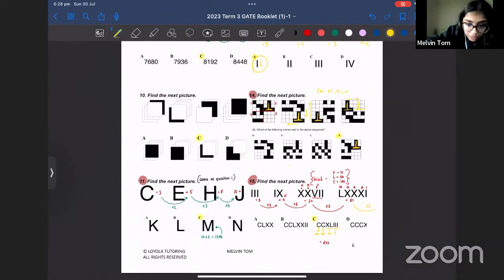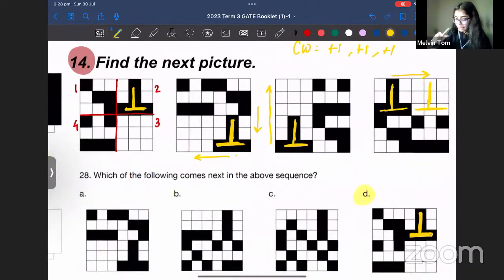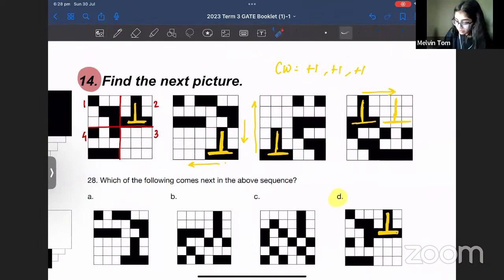Question 15. Now question 14 next. Again, very, very straightforward because we've already covered this. So what I want you to do, Tia, for question 14 is to draw this into 4 quadrants. You have box number 1, 2, 3, and 4.